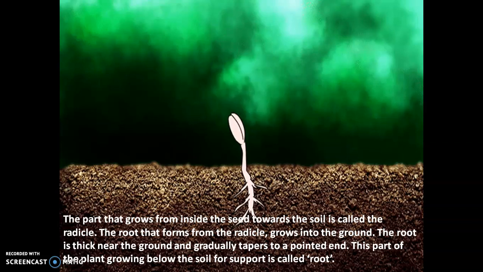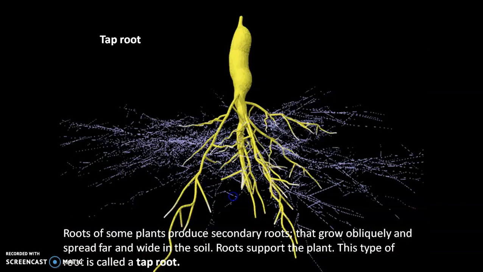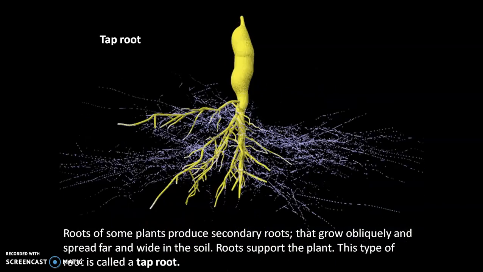So we all know that the roots are growing inside the soil. Whereas the green part we can see is the part that grows above the soil and is called plumule, and then the stem or the shoot develops from the plumule. So radicle is the part from which the root develops, and plumule is the part from which the stem develops.